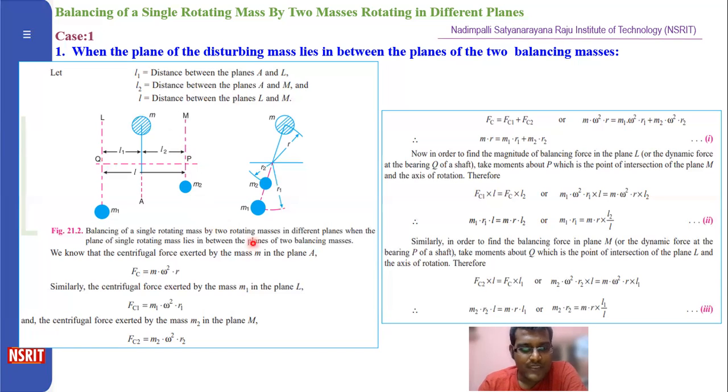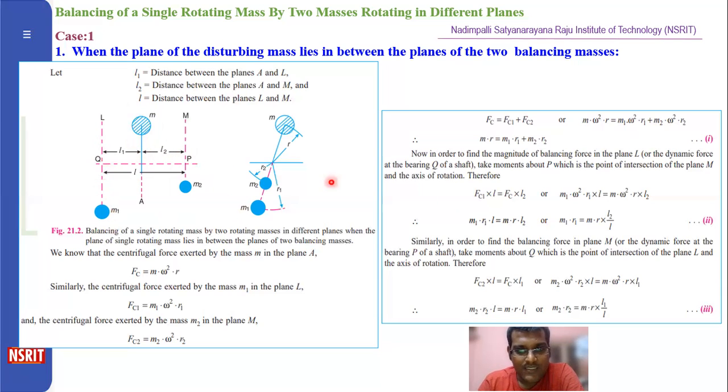Taking moments about P, Fc1, that means mass M1, is at distance L, so Fc1 into L is equal to Fc for mass M into distance L2.